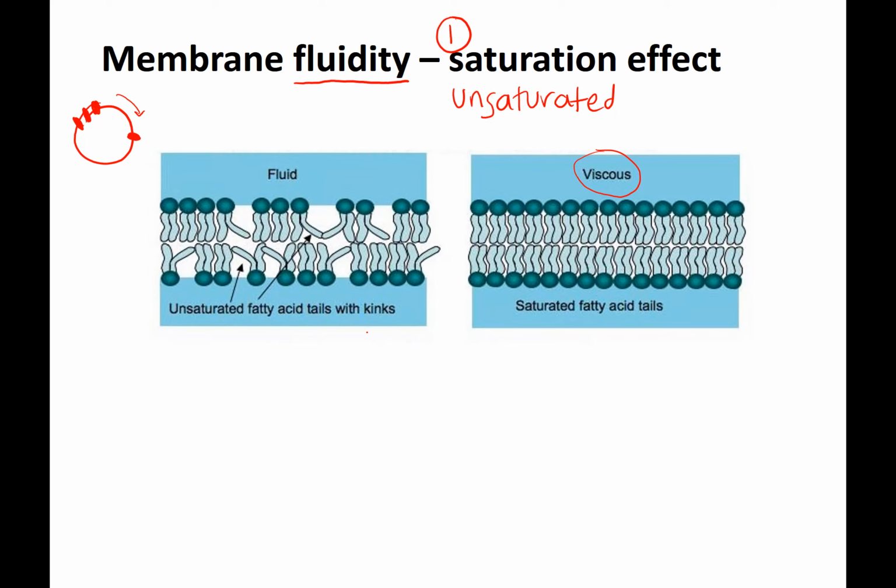So if you have a lot of fatty acid tails with kinks, they can't pile up really close and you can get very liquidy. And if all your fatty acids are saturated, they can pack really tight and you can become too viscous. You can become too solid. So a membrane has to have a mixture of unsaturated and saturated fatty acids to have that nice fluidity. So that's the saturation effect. Or you could call it the unsaturation effect.